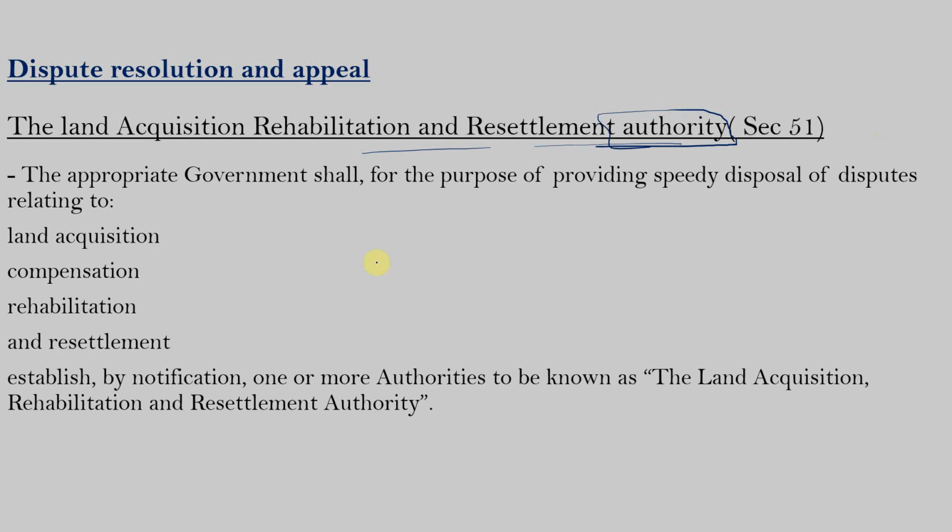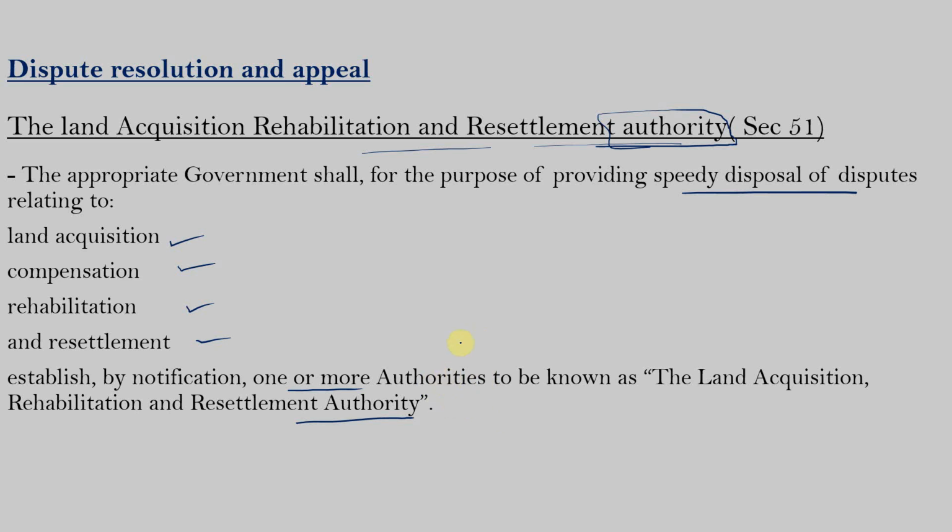So, the appropriate government, the central government or the state government, for the purpose of providing speedy disposal of disputes relating to land acquisition, compensation, rehabilitation, and resettlement, shall establish by notification one or more authorities to be known as the Land Acquisition, Rehabilitation, and Resettlement Authority.